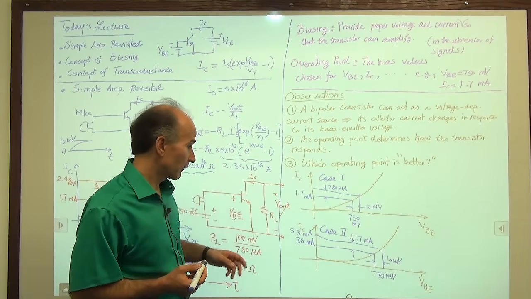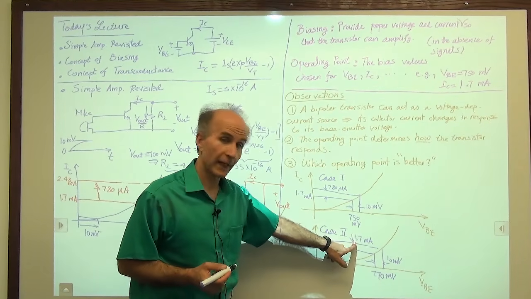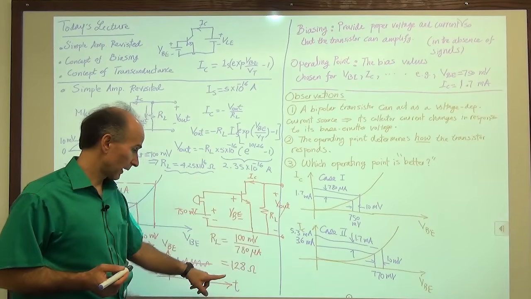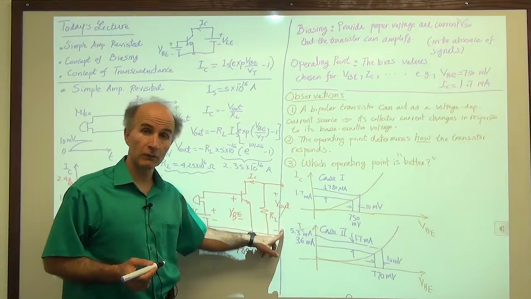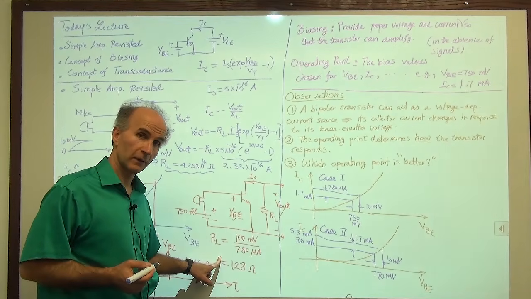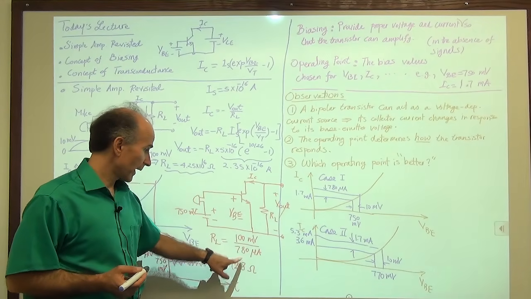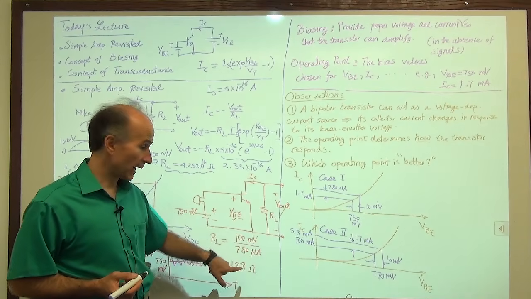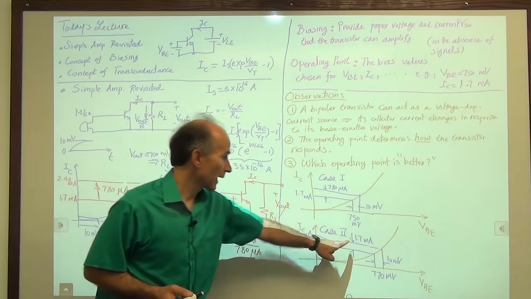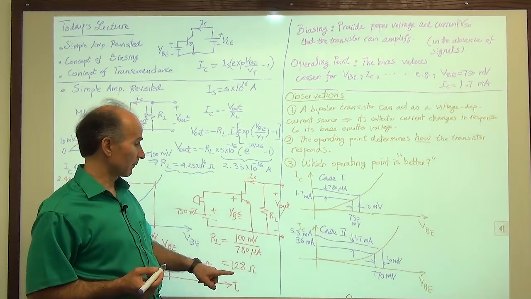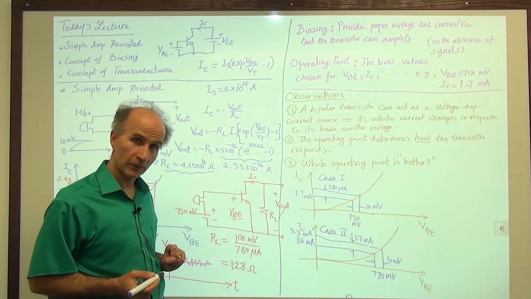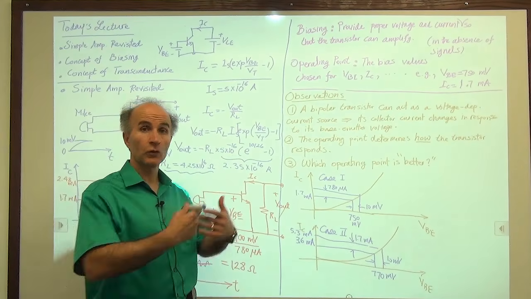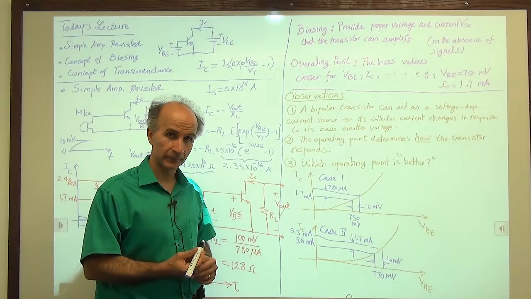In other words, if I let this 1.7 milliamp change flow through this resistor, I get a larger voltage than before. This resistor value and 780 microamps gave us 100 millivolts, but now this resistor value and 1.7 milliamps will give us a larger voltage. So that means that the amplifier will amplify the signal to a greater extent.